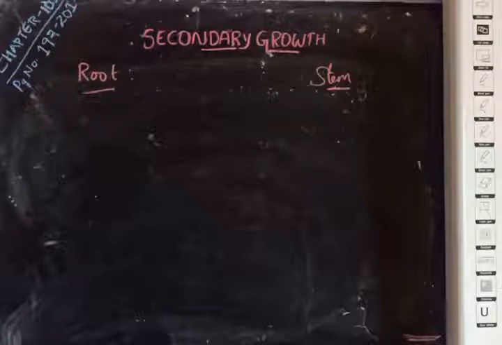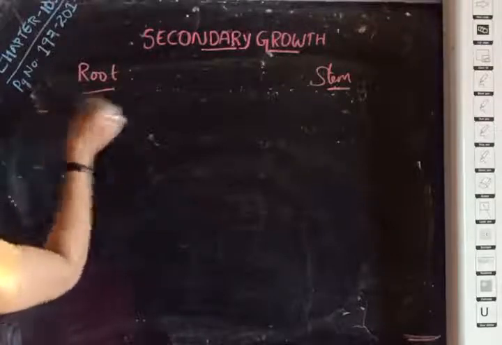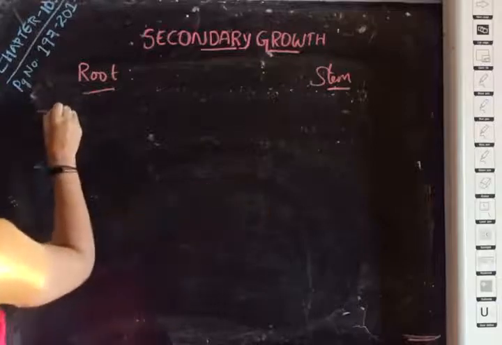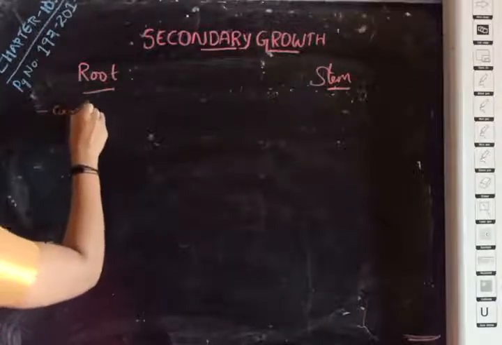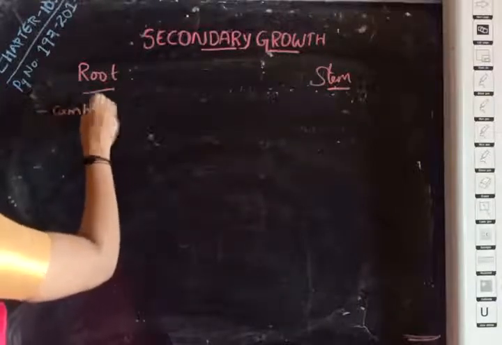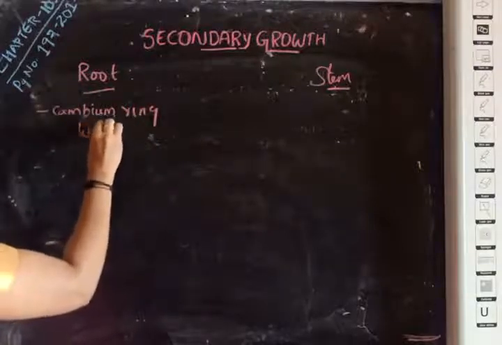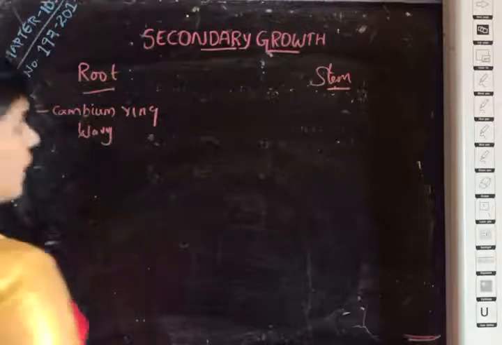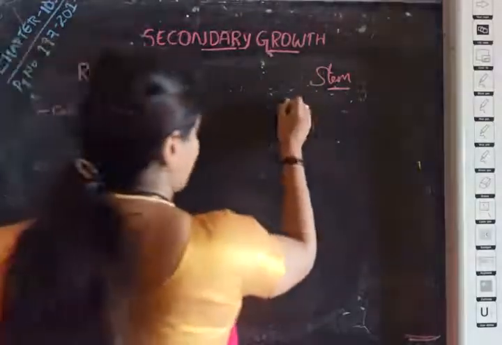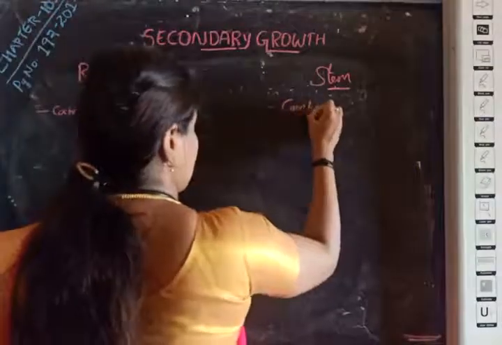The cambial ring formed is wavy in the beginning and later becomes circular. Now we look at how they are formed. So the cambium ring is initially wavy, whereas in dicot stem the cambium ring is circular in nature always.